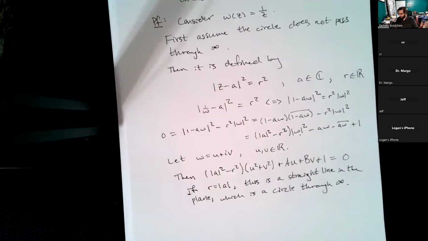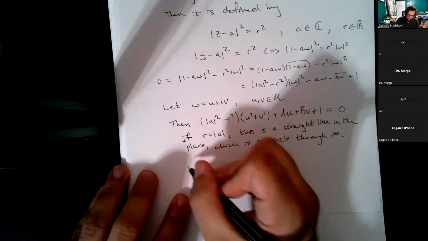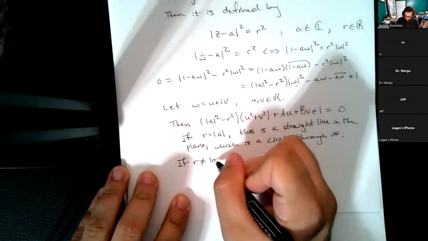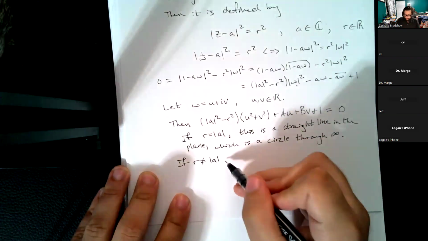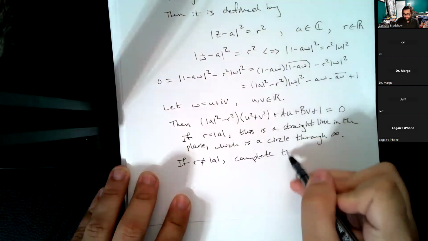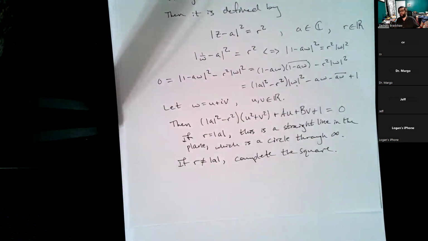On the other hand, if r is not equal to the modulus of a, then all you got to do is complete the square, and you'll see that you have an equation for a circle.